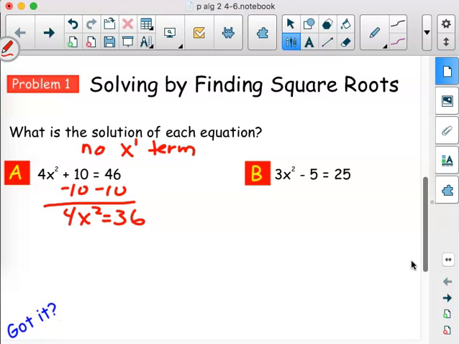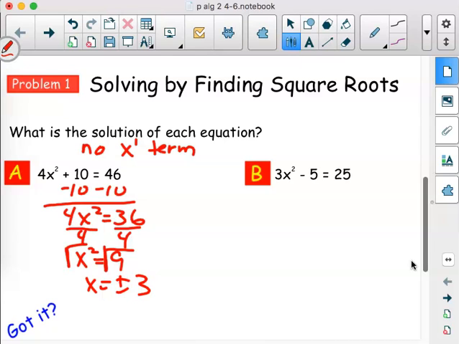Still don't have the variable alone. I have to divide both sides by 4. And then to undo squaring, we take the square root. But whenever we physically write down a square root symbol, we have to put the plus or minus on there. And the square root of 9 is 3. So this one actually has two solutions, positive 3 and negative 3.